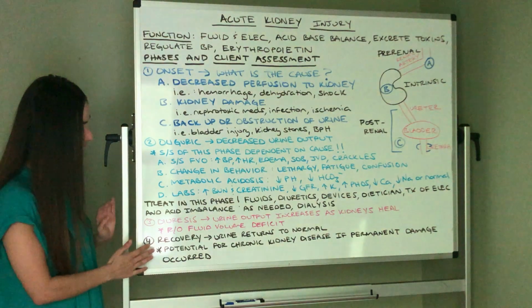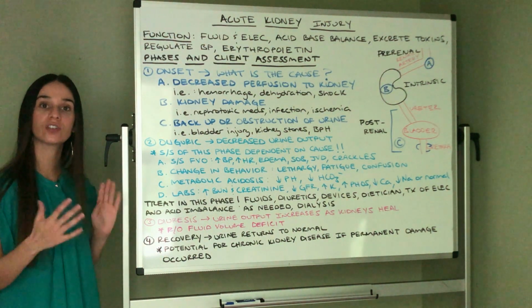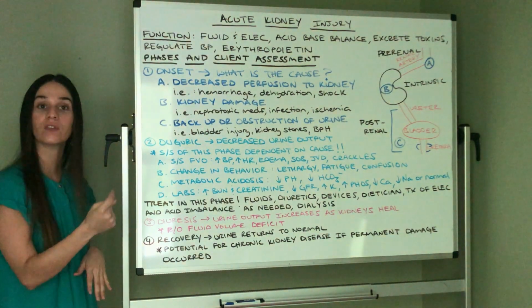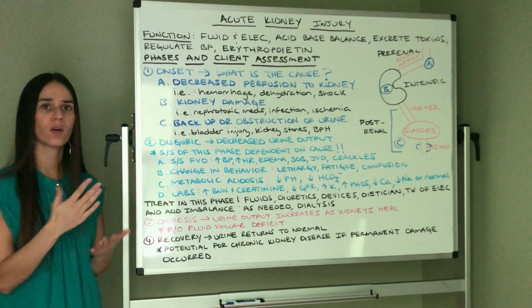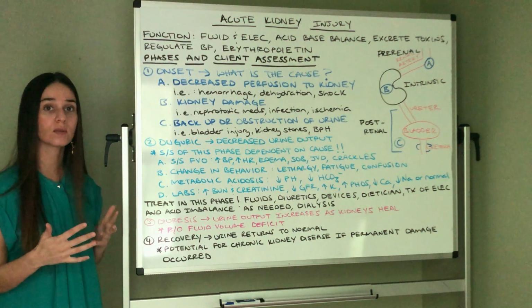So the recovery phase is dependent on how well did the kidneys heal, but their urine output should normalize. All the assessment data that you gathered in the oliguric phase should be normal. Our orientation should be back to normal. We shouldn't be so weak and lethargic or fatigued, okay?